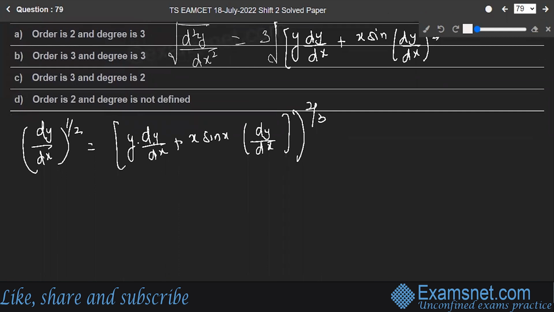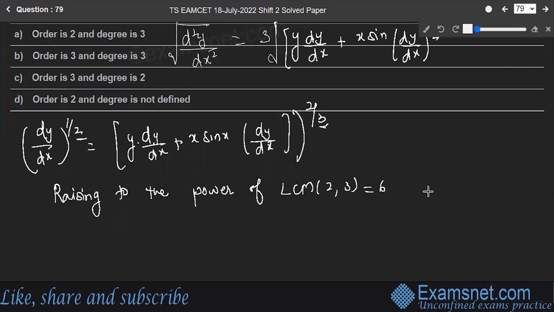So let's take the powers, because here it is 2 and here it is 3. The LCM of 2 and 3 is 6. So raising to the power of LCM of 2 and 3, that is 6, on both sides.